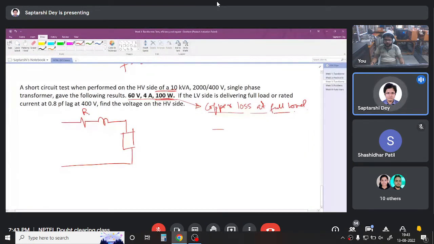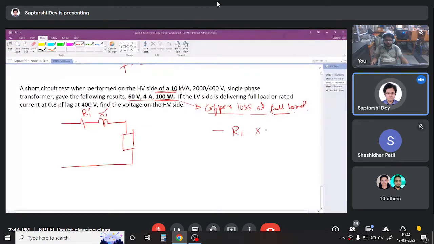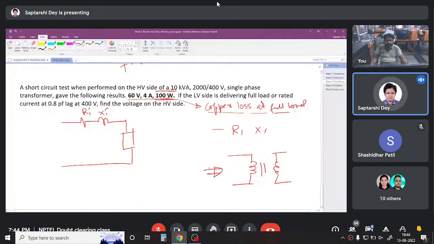So let us write them as R1 primed and X1 primed. This is the high voltage side of the transformer. From here, the short circuit test was done and this result was found. Can we find out R1 and X1, as these values refer to the high voltage side? How to find out?